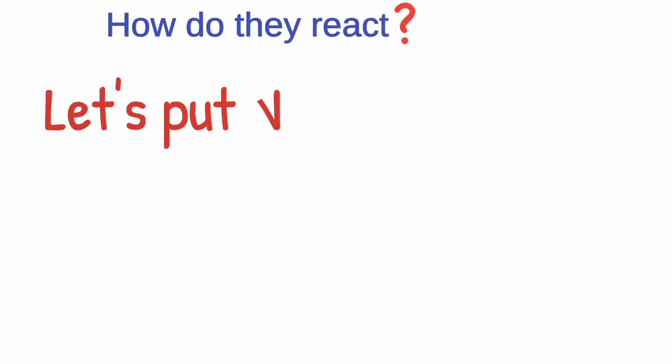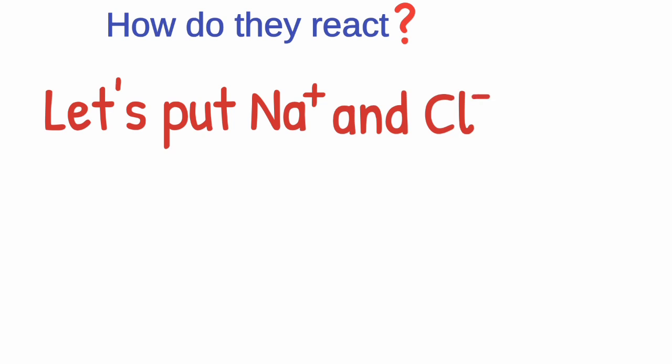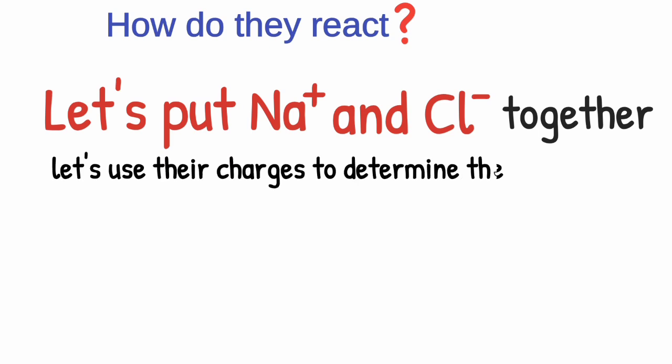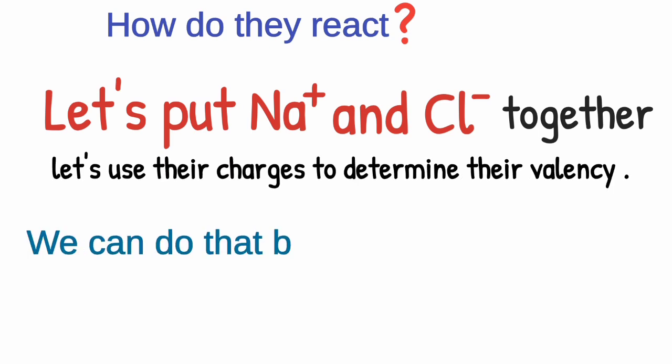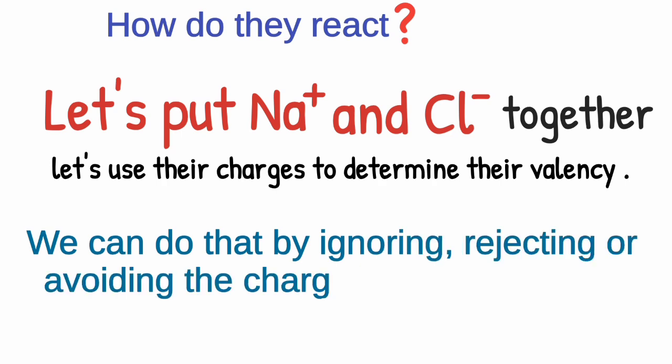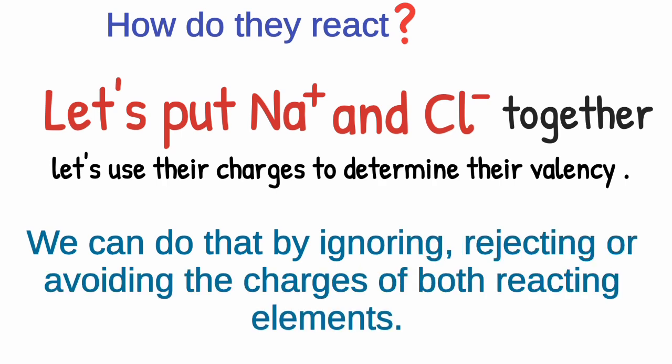How do they react? Let's put sodium ion and chlorine ion together. So the sodium and the chlorine are the reactants. Let's use their charges to determine their valency. We can do that by ignoring the charges of both reacting elements. Their charges are the positive and the negative that they carry.